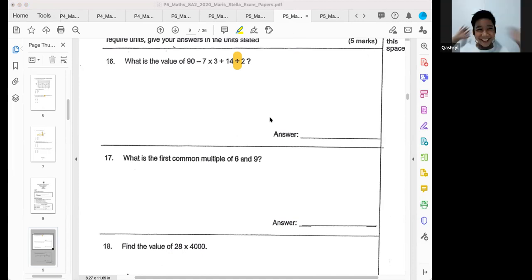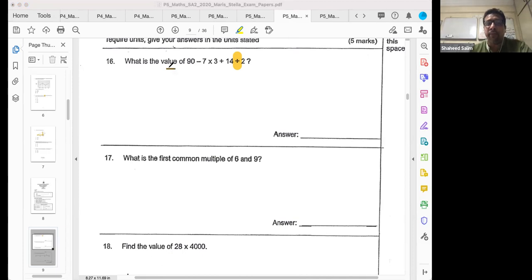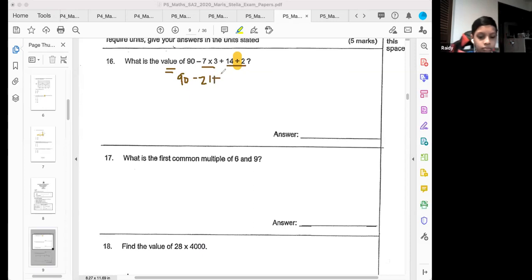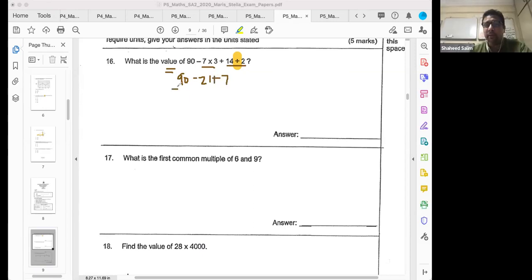Okay, Akil, we try. First of all, down here, the first one, what do we do? We can do the times, and then after that, do the divide here. So 90 minus 21 plus 7. Hold on, can still go smaller than that, Raidi?